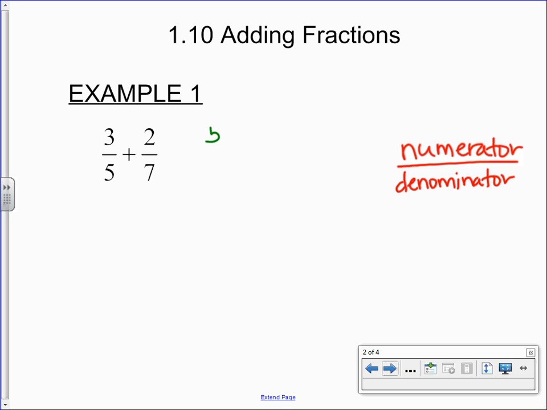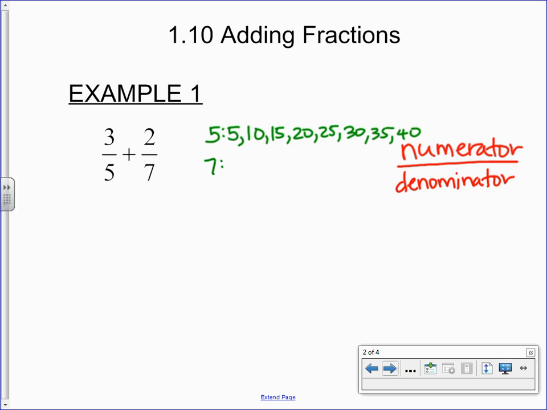One way to do that is to list multiples of 5. So if I count by 5s, I get 5, 10, 15, 20, 25, 30, 35, 40. And we could go on, but let's just see if we've gone far enough. Let's see if we can find a number that 7 goes into that is in the list that we made for 5.